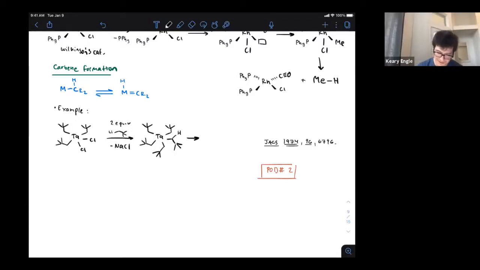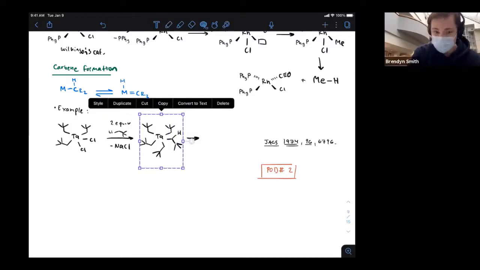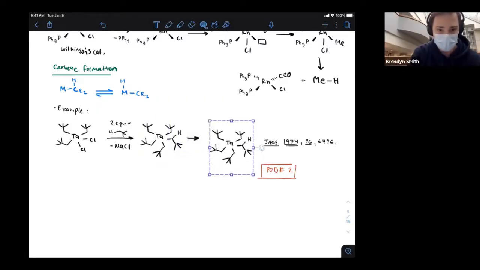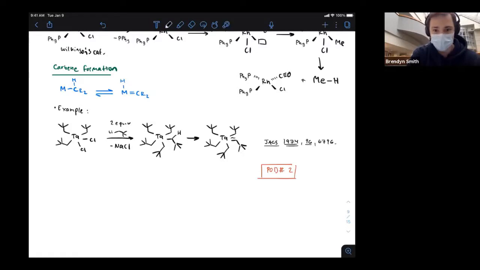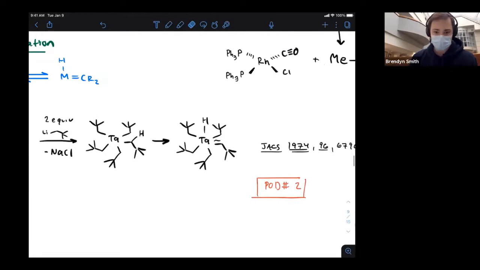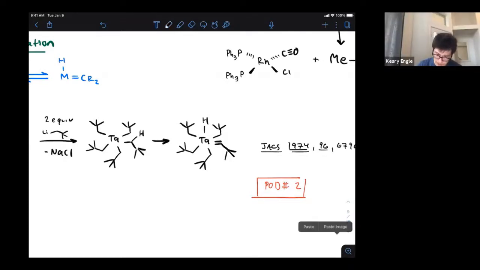Oh, okay. So following the template you have above, you can migrate the hydride onto the tantalum, and then form the carbene there. Yeah. Okay, and does this look happy to you? No. Okay, so what do you think might happen next?